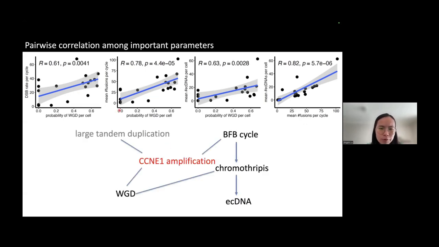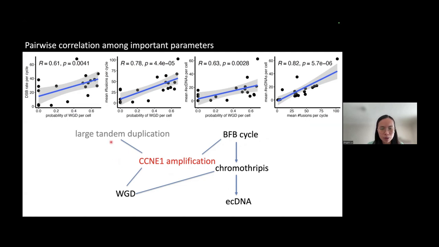There have been no previous reports on the direct correlation between whole genome doubling and the number of chromosome fusions and ecDNAs. There are only some studies implying that whole genome doubling is correlated with CCNE1 amplification, and CCNE1 amplification is frequently targeted by the BFB cycle, and this BFB cycle may lead to chromosome fusions and ecDNAs.